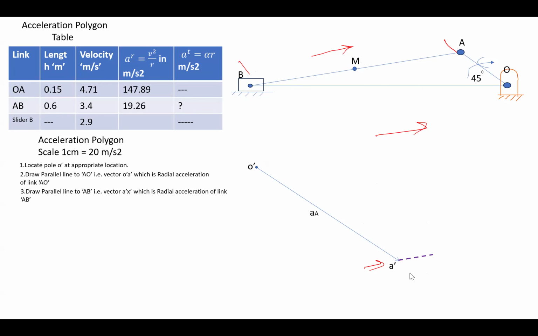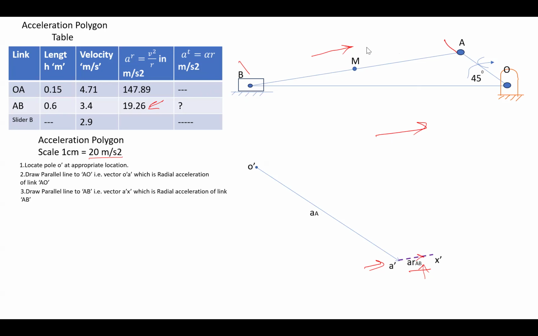So this is the radial component of AB, the parallel line to AB in the right upward direction. The magnitude of the radial component of AB is 19.26. You have to draw this by using the scale. So the radial component of AB is drawn in this direction.